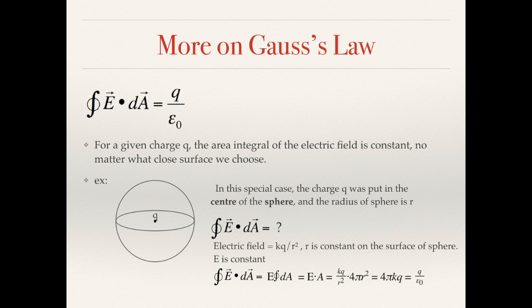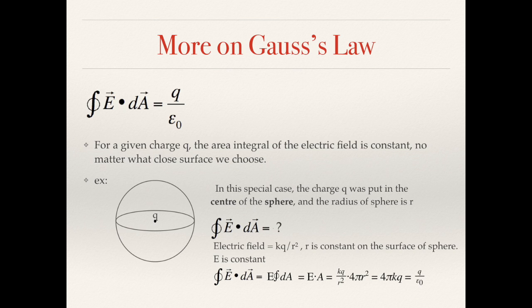Now let's calculate the integral of vector E dot dA. Since Q is in the middle of the surface, and the Gaussian sphere we choose is a perfect sphere, the direction of the electric field on the surface is always the same as dA, which is perpendicular to the surface.